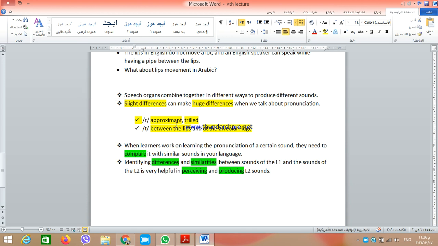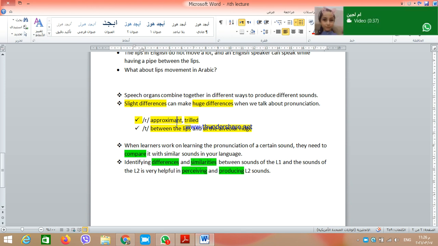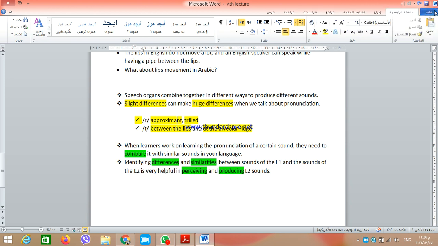For example, in the pronunciation of ra, if we make it an approximant and we say ra, ra, ra, this is the correct way to pronounce it in English. If we make it a trilled one, which is the one we are most familiar with in Arabic, r, r, r, they may look the same, but they are actually very different.